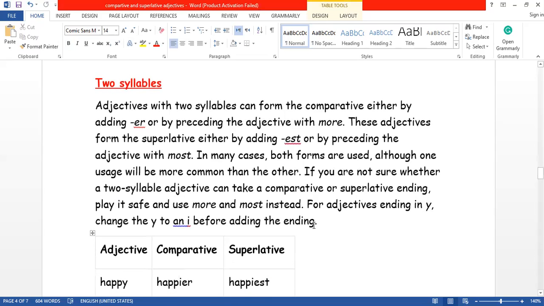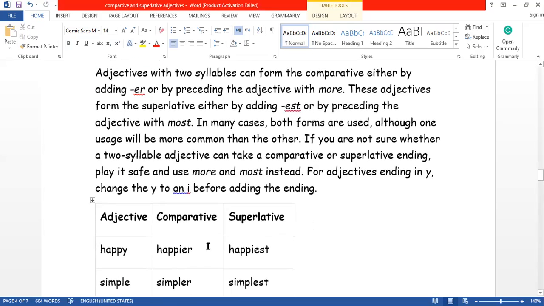Maybe most people say happier. They don't say more happy. It's correct, but it's not common. Okay?